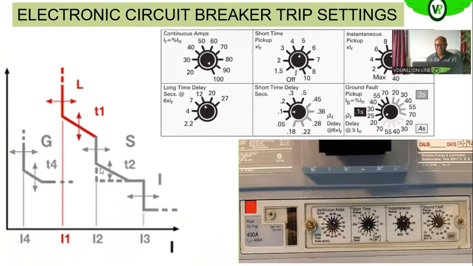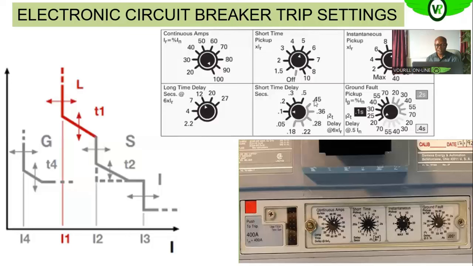So this is the short time delay on the trip curve. Here we have the short time delay, and you can see that the I square T ramp up affects this particular area.